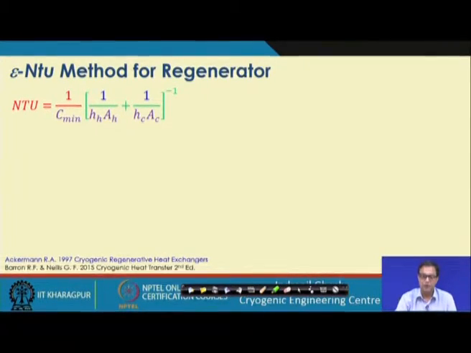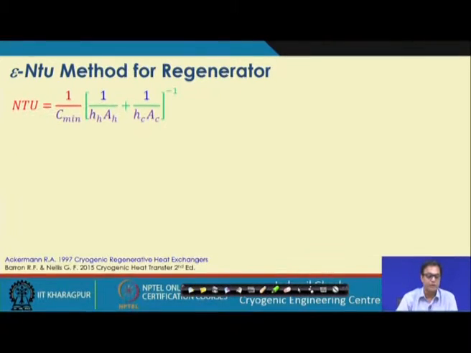In the case of a regenerator, in one cycle the hot fluid is flowing through the regenerator bed, in the other cycle the cold fluid is flowing through the bed, and one of the fluids, whether cold or hot, becomes the minimum capacity fluid. It may also be possible that both of them are the same, that is, C min and C max are equal. In that case, we will have C r equal to 1.